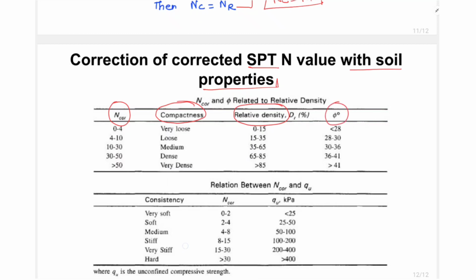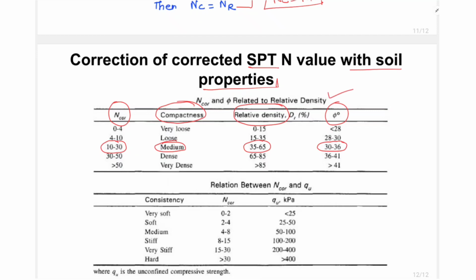For example, for a corrected standard penetration number between 10 and 13, the degree of compactness of the soil is medium, the relative density lies between 35 and 65%, and the respective angle of internal friction lies between 30 and 36 degrees.